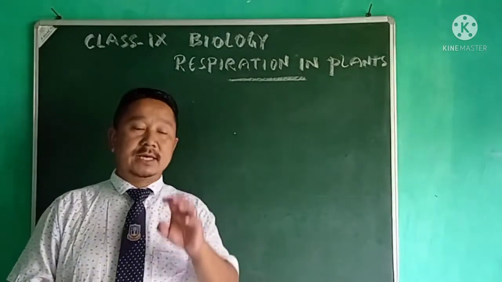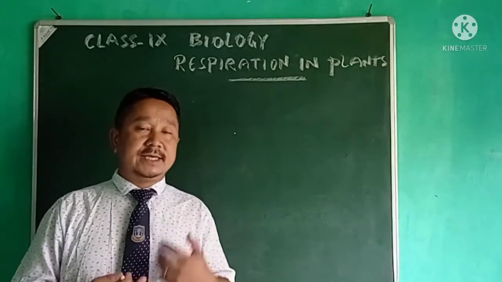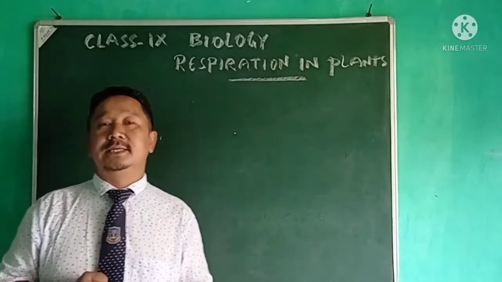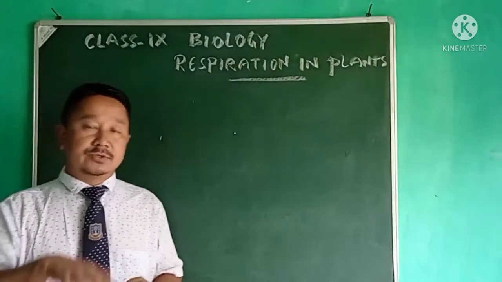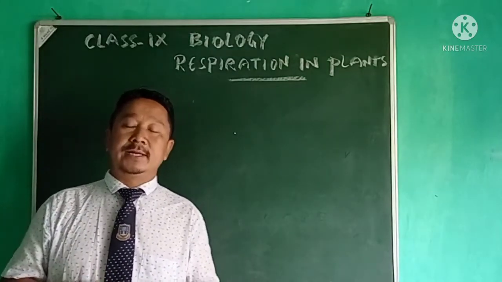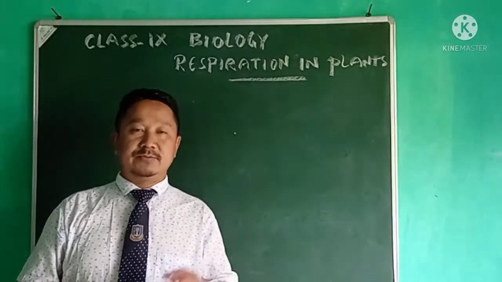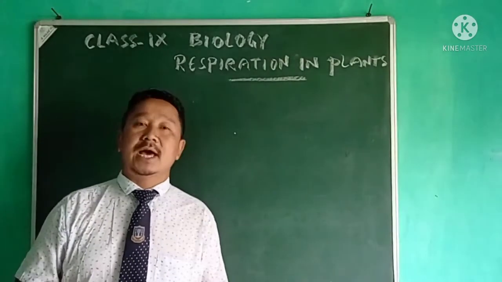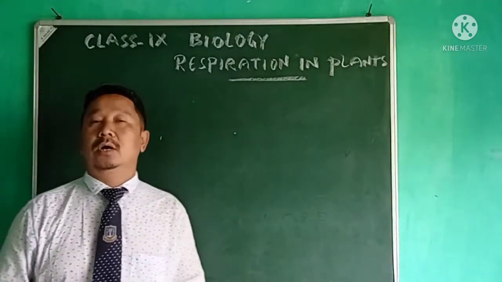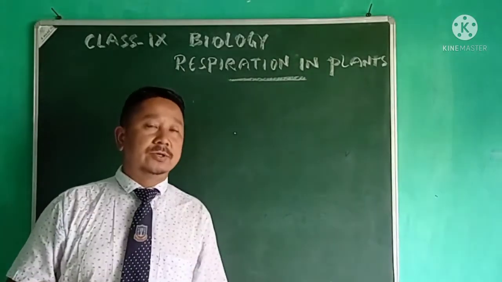Air means oxygen here, because once we take the air in, only the oxygen will be picked up by the blood. That oxygen goes into the cell where it oxidizes the food to release energy. Along with the energy, carbon dioxide and water are also produced. This is respiration.